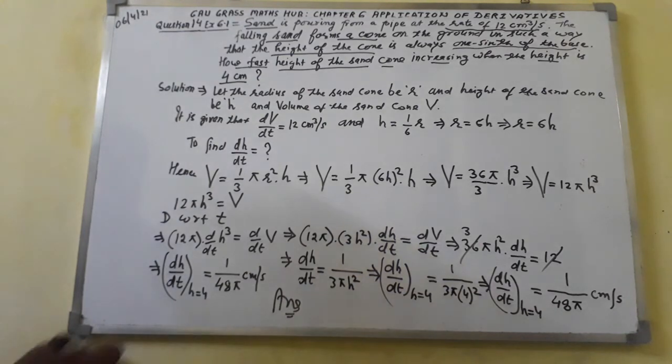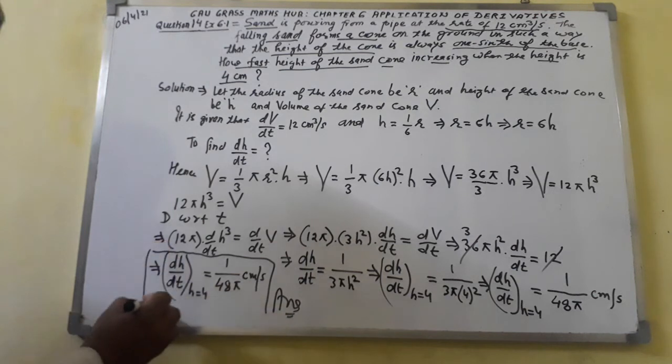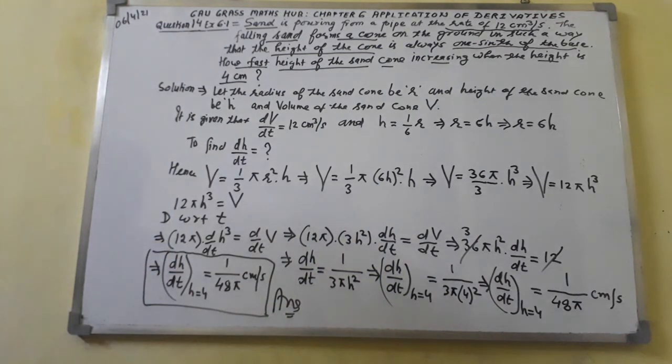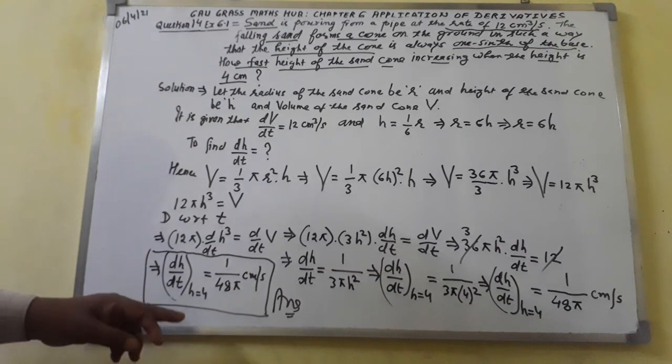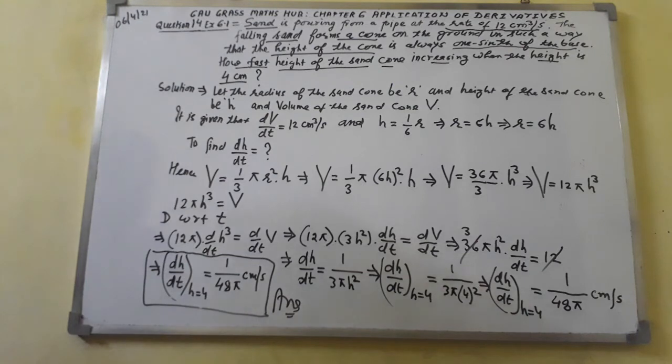Now I shall check the answer from the key. We have got dh over dt at h equal to 4 equal to 1 over 48 pi centimeter per second, the correct answer.